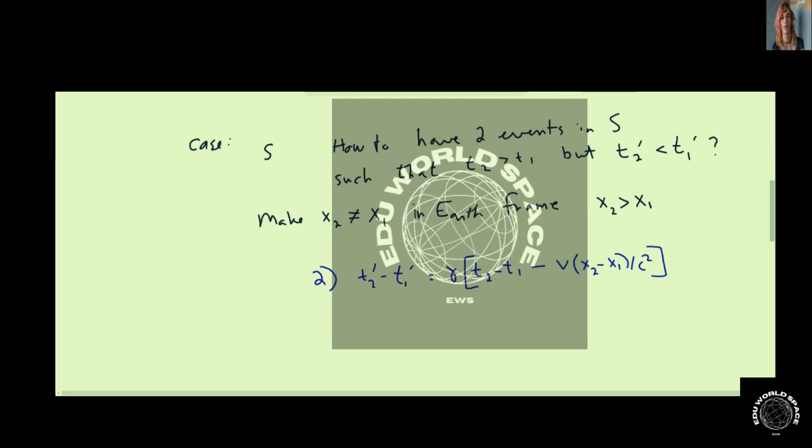So we know that t2 minus t1 is greater than 0. In order for t2 prime minus t1 prime to be reversed, we must have the negative second part be bigger than the positive first part.